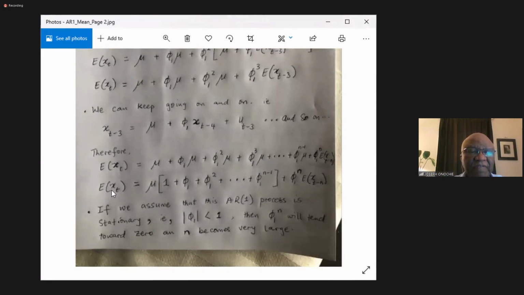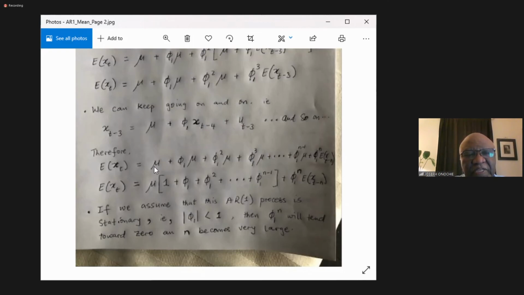The expected value of x_t is equal to, look, mu plus, up here, phi1 mu plus phi1 squared mu plus, and if you substitute this out, there will be mu. So what can I do? I can just bring out this mu.